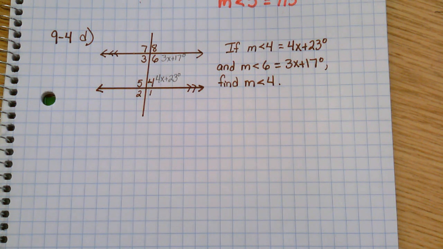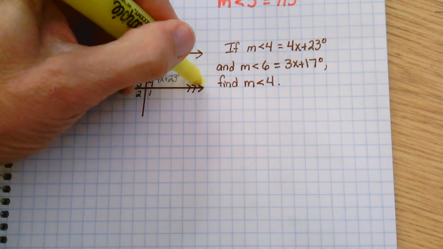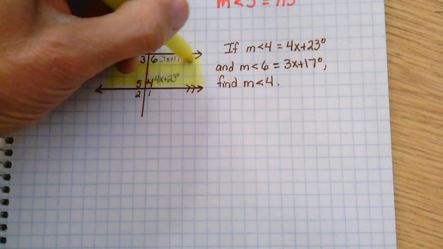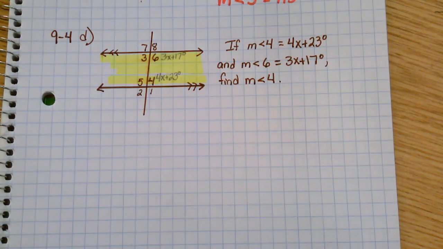So looking at both angles 4 and 6, I need to ask myself, what is the angle relationship here? How is angle 4 related to angle 6? And right away I notice that both of the angles are in this interior region between the two parallel lines. So they're interior angles.